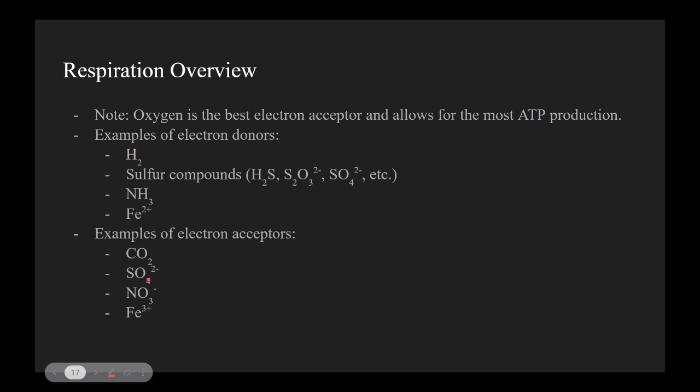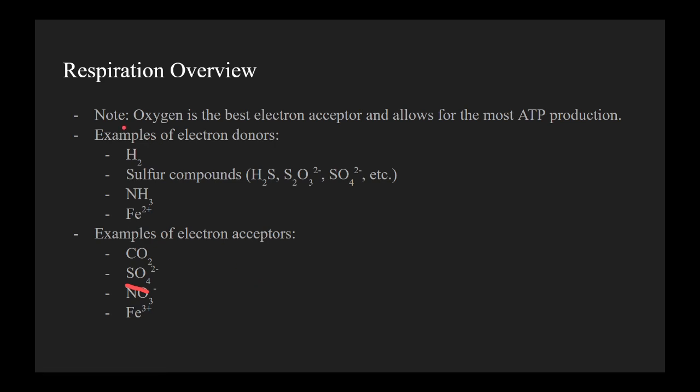Then we also have various examples of alternate electron acceptors other than oxygen. So if we say something is a sulfate reducer, it means sulfate is the terminal electron acceptor. Whereas if something is a ferric ion or Fe3 plus reducer, that means it uses this to carry away the electrons at the end of the respiration process.